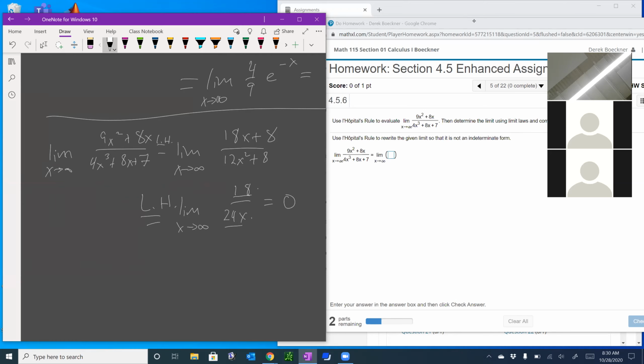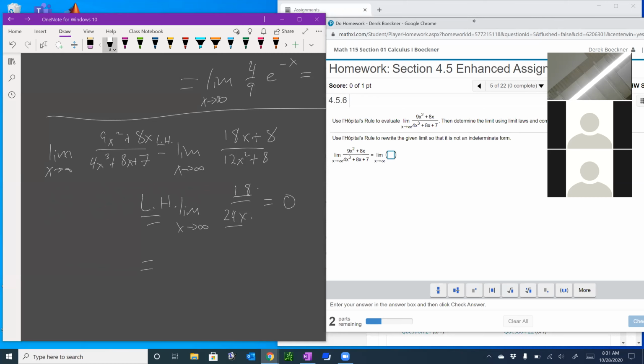Yeah, and then you get 0 over, yeah. But technically you're not supposed to be using L'Hopital's rule unless it looks like infinity over infinity or 0 over 0. Yeah. So this is probably asking you for like 18 over 24x.